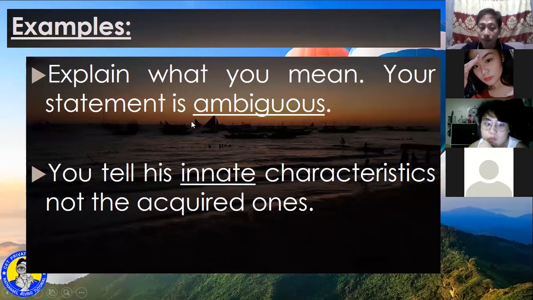That means it's not clear. Or when I tell you tell his innate characteristics and you have no idea what innate means, look for the context clues here. It's said not the acquired ones. So if it's not the acquired ones, then it's probably the one that is already in the person since she was born, okay?